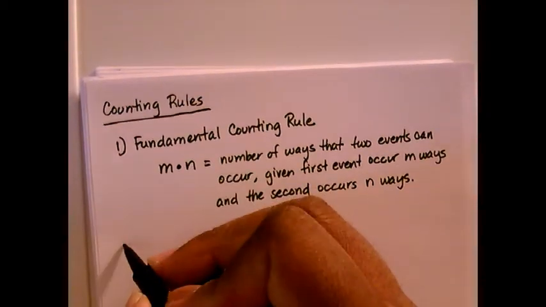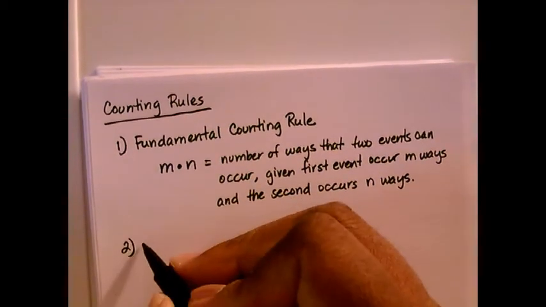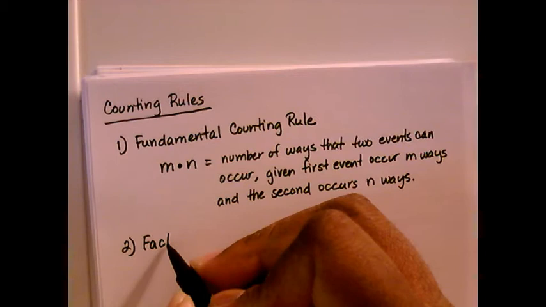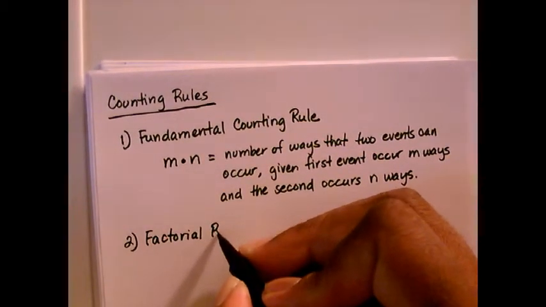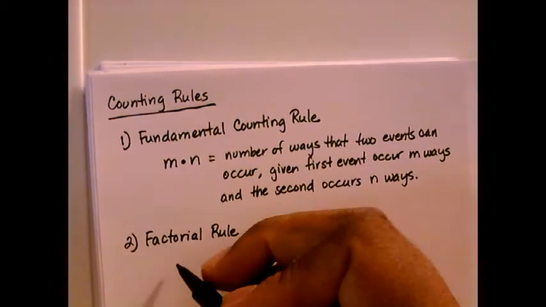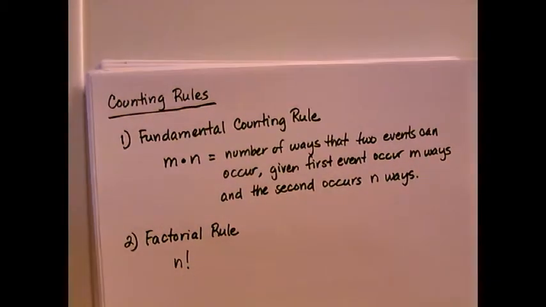The second rule is the factorial rule, which I got through talking about, introducing factorial. So the factorial rule is this: n factorial.